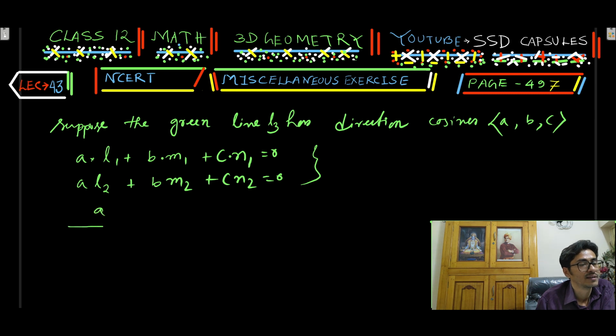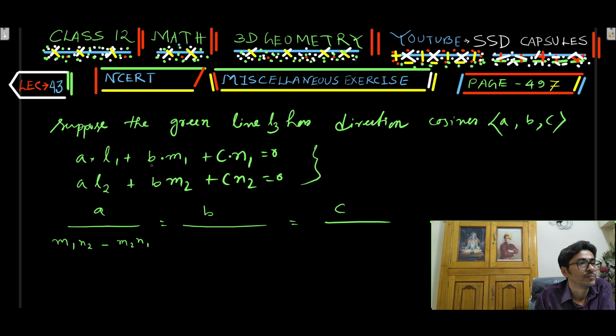So A by M1 N2 minus N1 M2, from here B by N1 L2 minus L1 N2, and C by L1 M2 minus M1 L2.